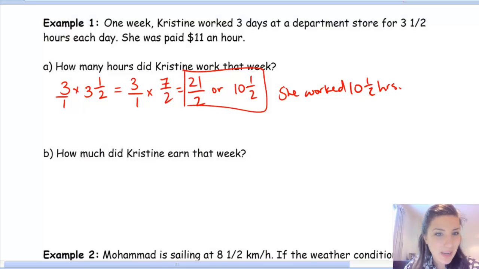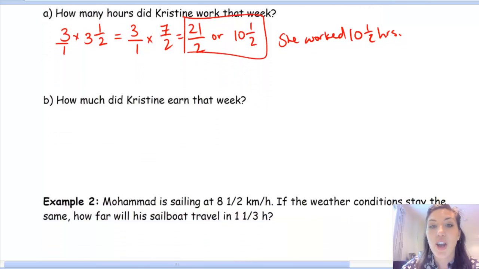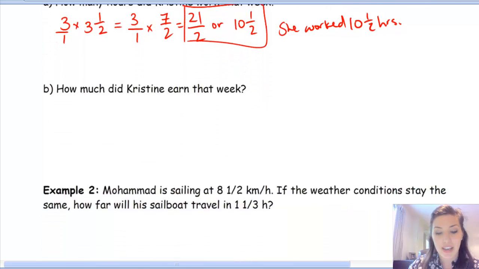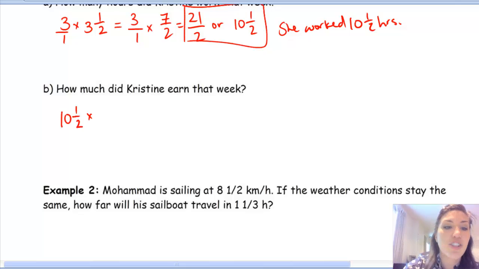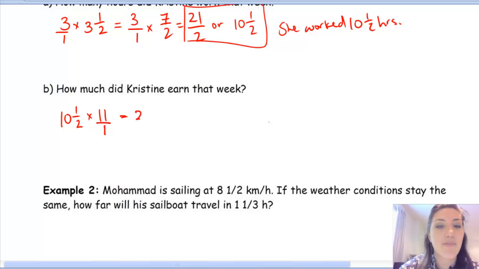All right, B. How much did Christine earn that week? How much money? Well, we know that she worked 10.5 hours and she earned $11 an hour. So let's change the 11 to a secret fraction, and let's change the 10.5 back to our improper fraction.